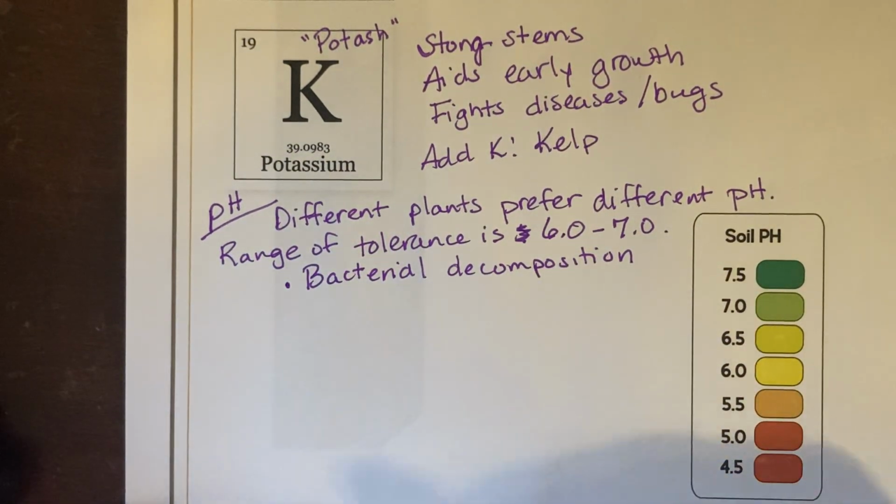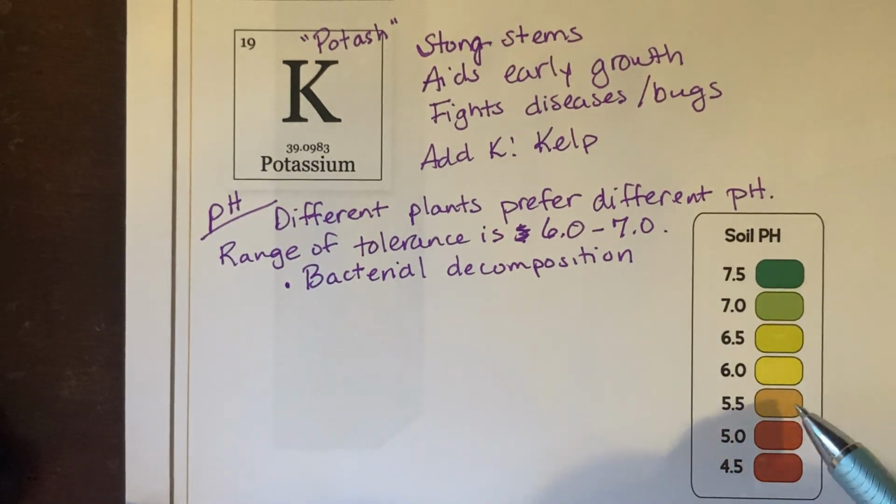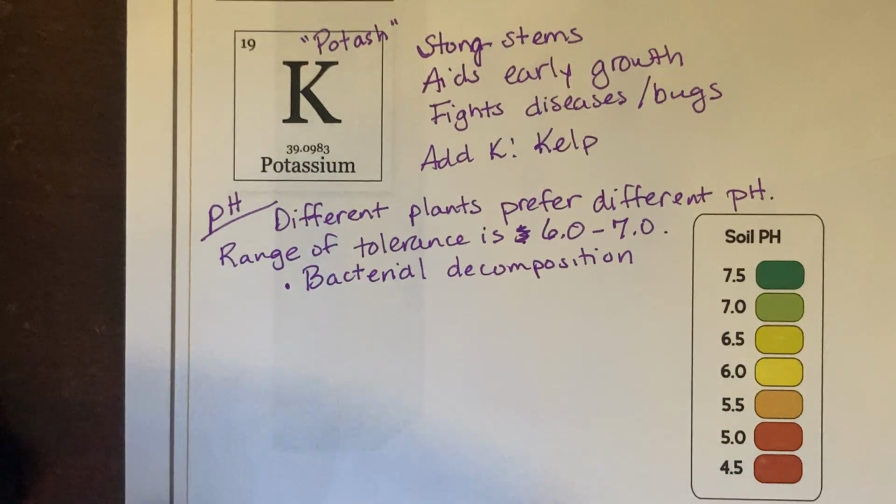There are some plants that like a different pH. Strawberries, for example. If you've ever tried to grow them in your backyard and never had a great crop, they actually like a pH in the 5s. Most of our soil here in Santa Clarita is alkaline, usually 7.5 and above. So strawberries might not be growing very well because our soil is out of their range of tolerance.